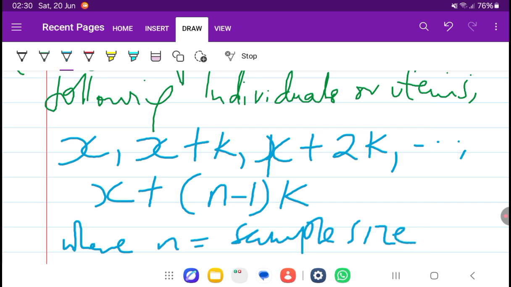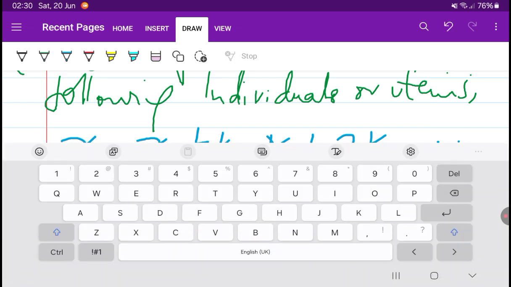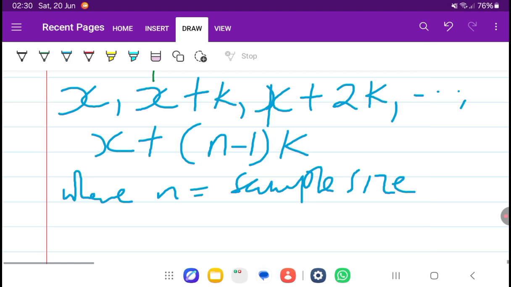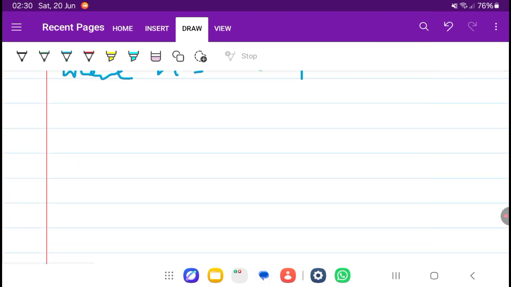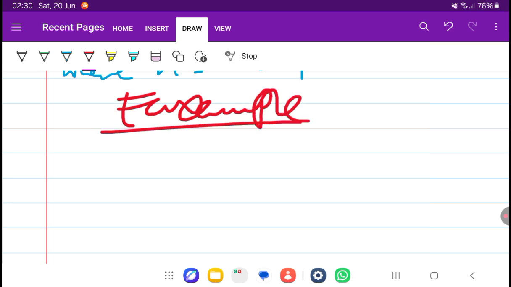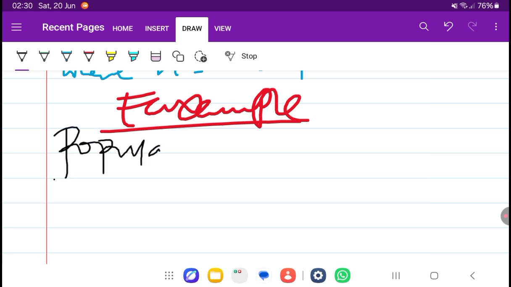Maybe we can have just a brief example to get this idea. Example. I want us to take a situation where we have the population size equal to 1000.